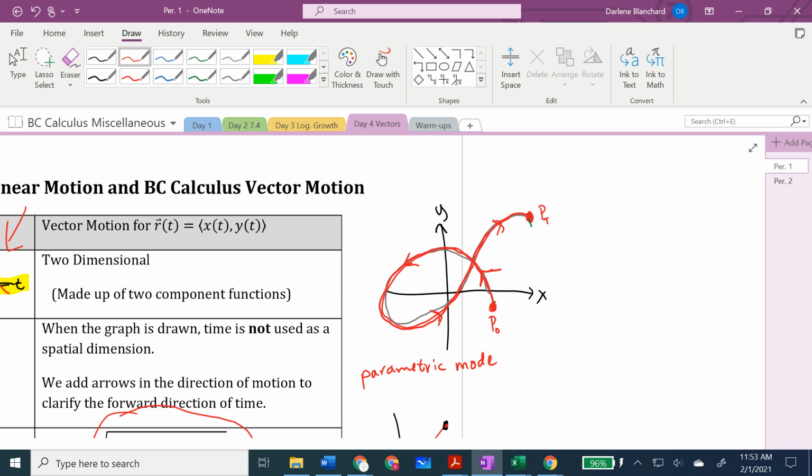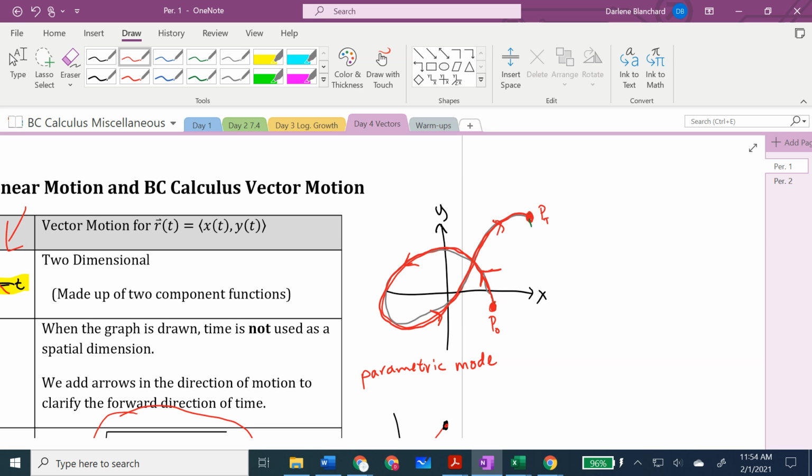The only difference between them is really more a notational issue. There is no difference between them. So if you go to, on your calculator, you have a mode button. So you have a second key. If you have a TI-84, you have your second button, and then you have your mode button.